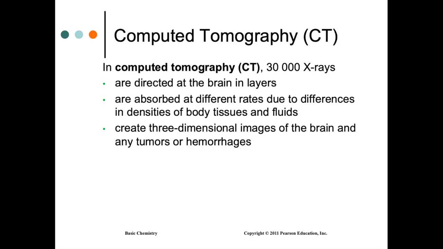In this case, we are using X-rays with varying intensities. You have to remember that even though X-rays are a set type of radiation, they still exhibit a spectrum. You can get different intensities, different wavelengths, and therefore different energies of X-rays.